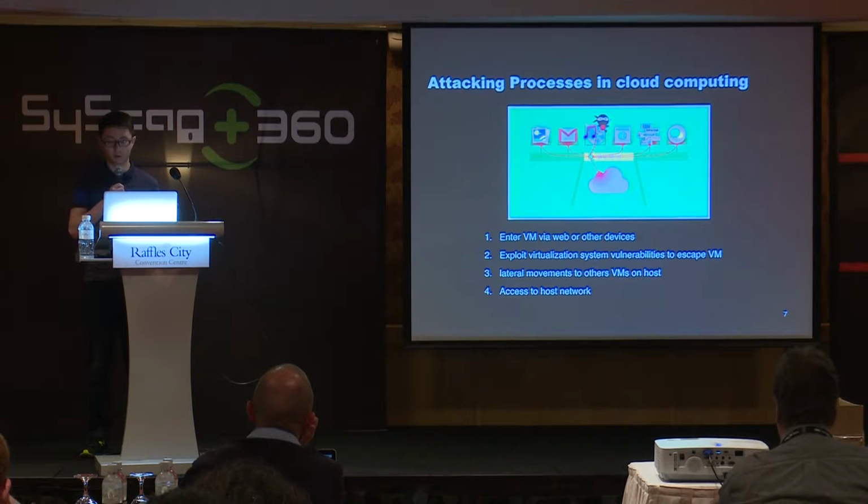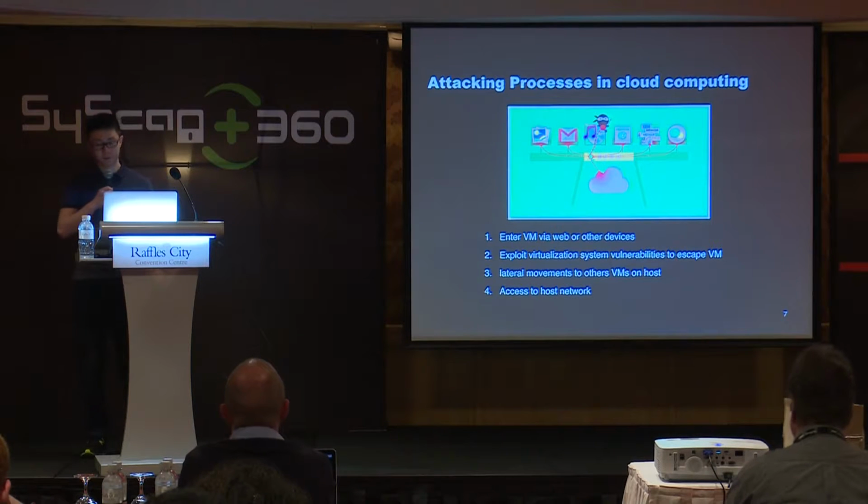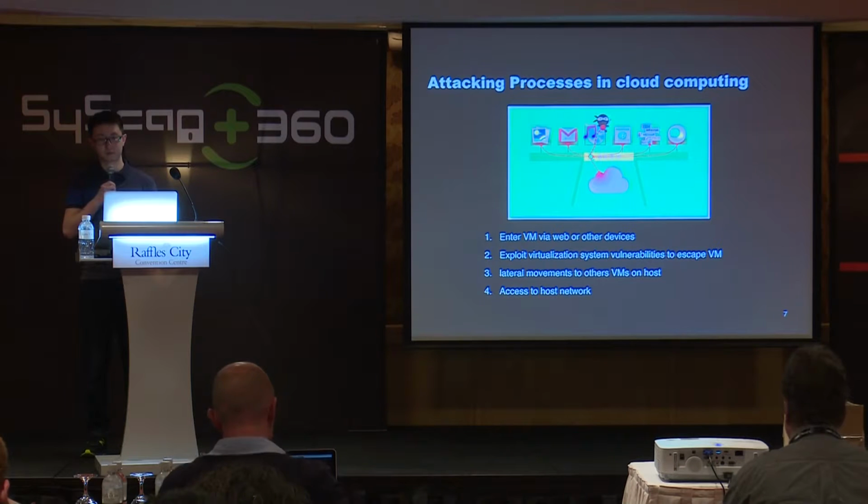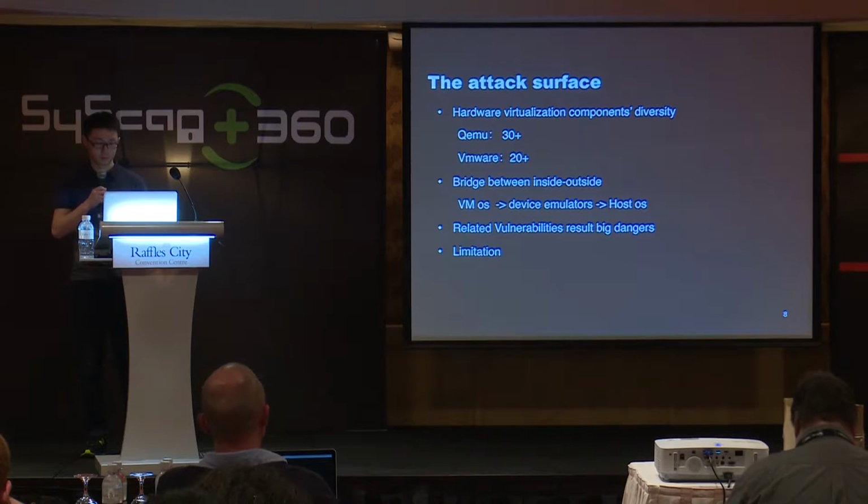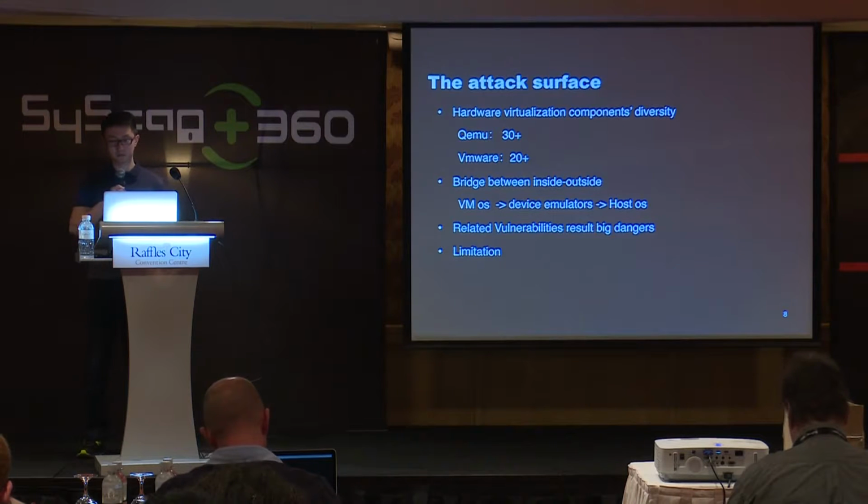So whether or not there are a big amount of vulnerabilities in virtualization systems, after analysis, I believe that hardware virtualization components, or the device emulator, can be used as an attack surface. Why do we say that the hardware virtualization device is an attack surface worthy of concern?